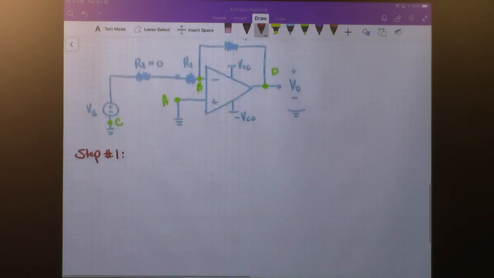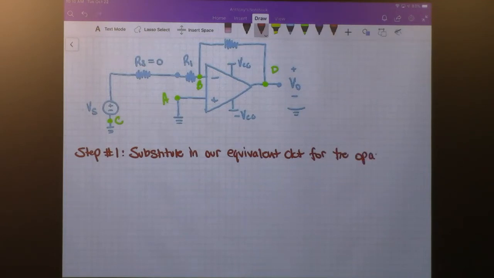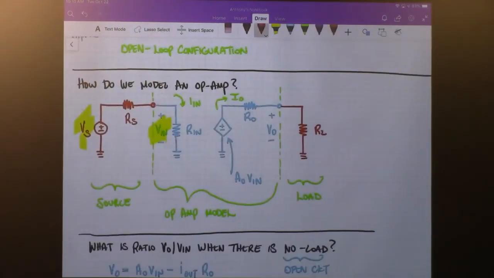So the first thing that we're going to do is substitute in our equivalent circuit for the op-amp. The equivalent circuit that I'm talking about is this one right here.